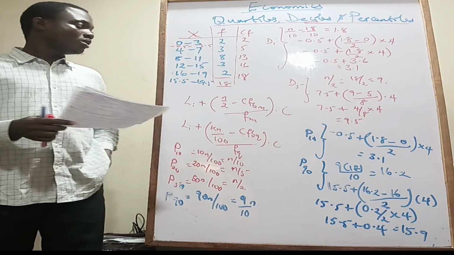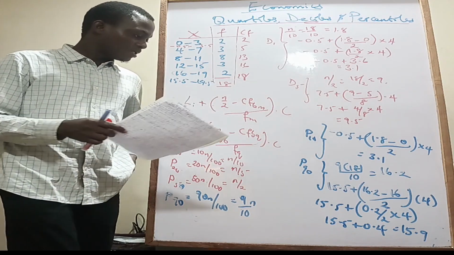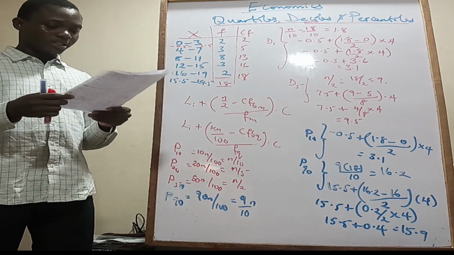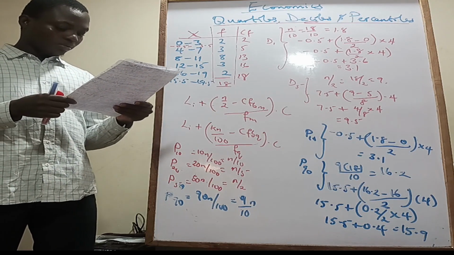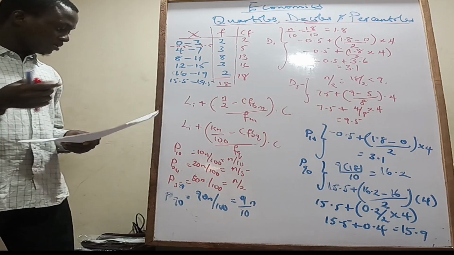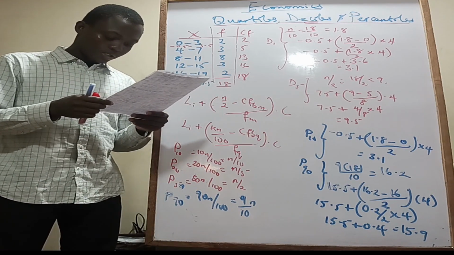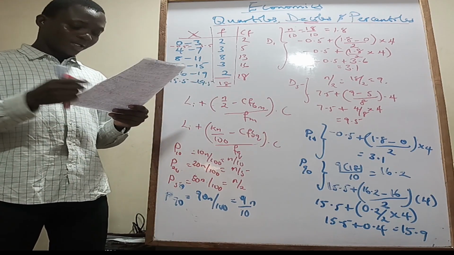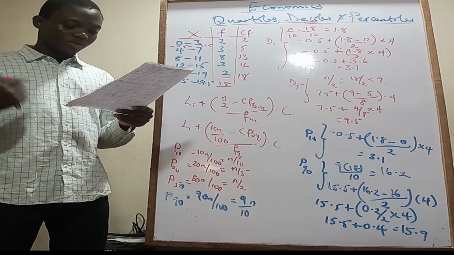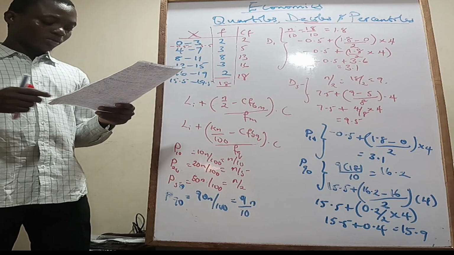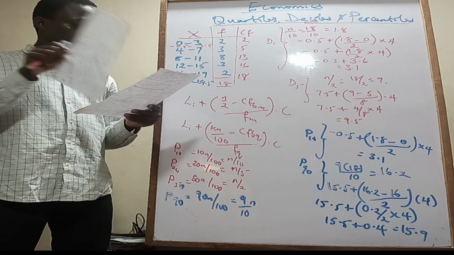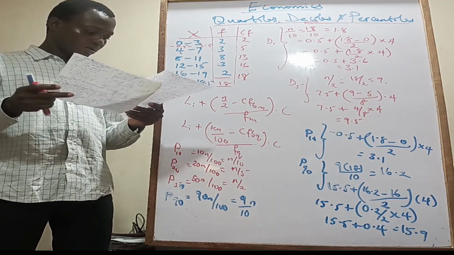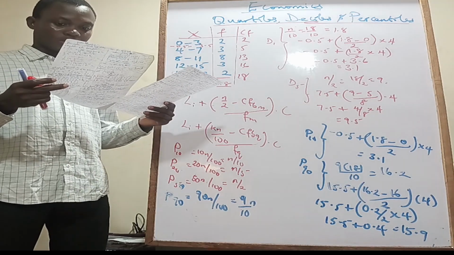So if you are asked to calculate the 90th minus 10th percentile, is it P90 minus P10? Let me be very sure of that. I solved Q3 for this question. I erased Q3. I didn't solve for P. The assignment here was for you to prove that Q2, D5, and P50 are equal to the median. I think I've done that to a reasonable extent, so there's no point for that assignment again.